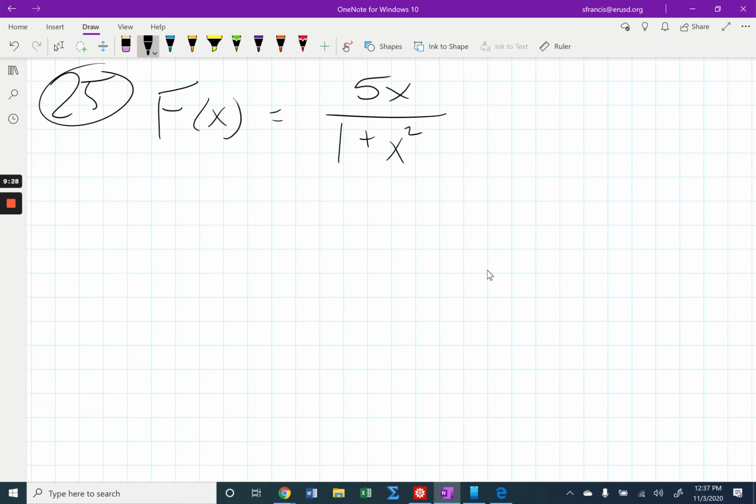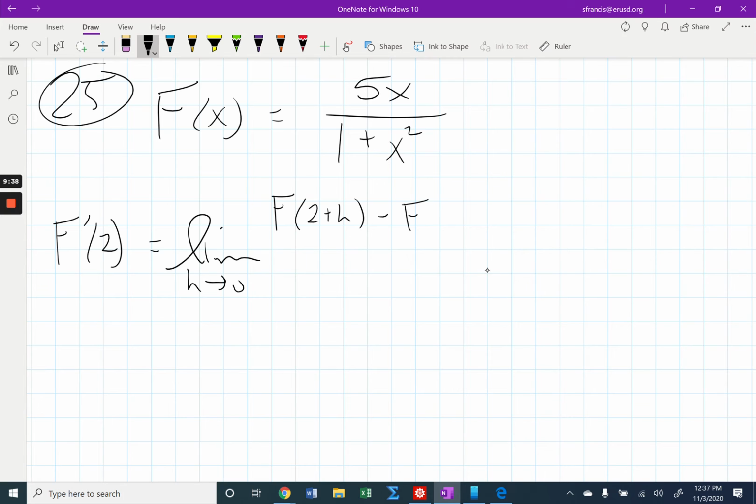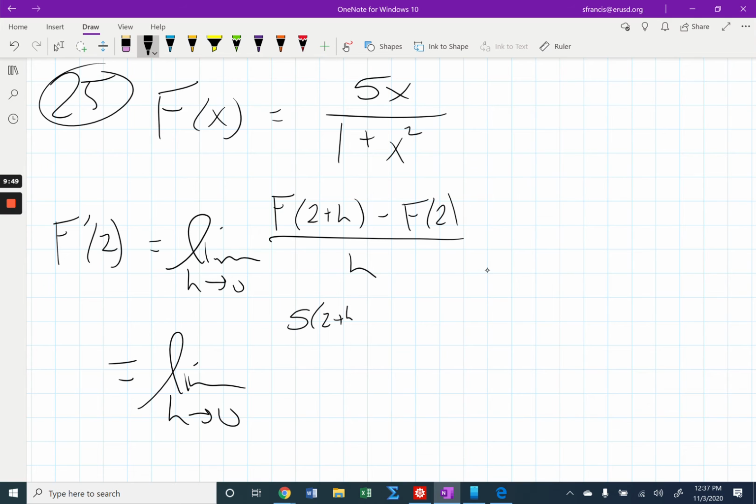So we want f prime of 2, which is our limit as h approaches 0, capital F of 2 plus h minus capital F of 2 over h, which is equal to, I'm not going to run through this entirely for you. You're going to have to do some of the work, but I'll get you started.